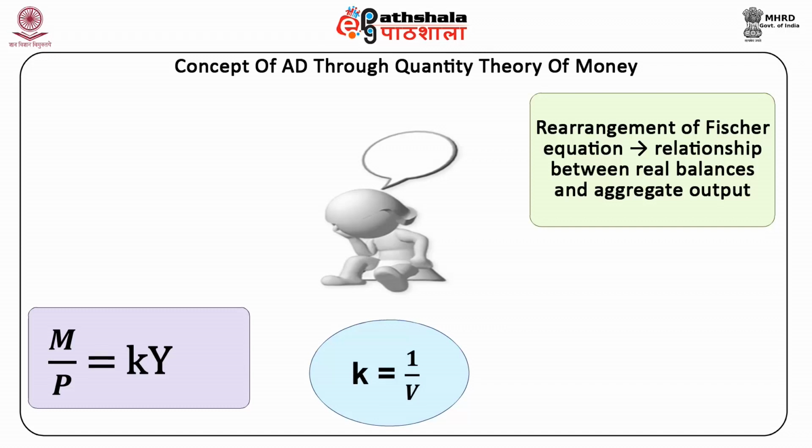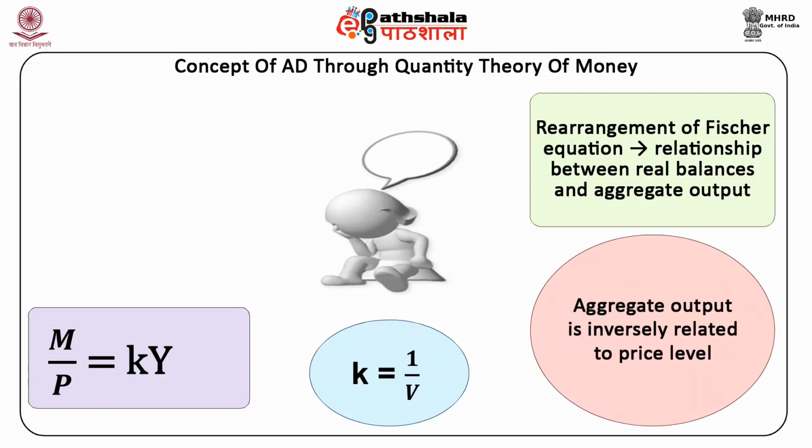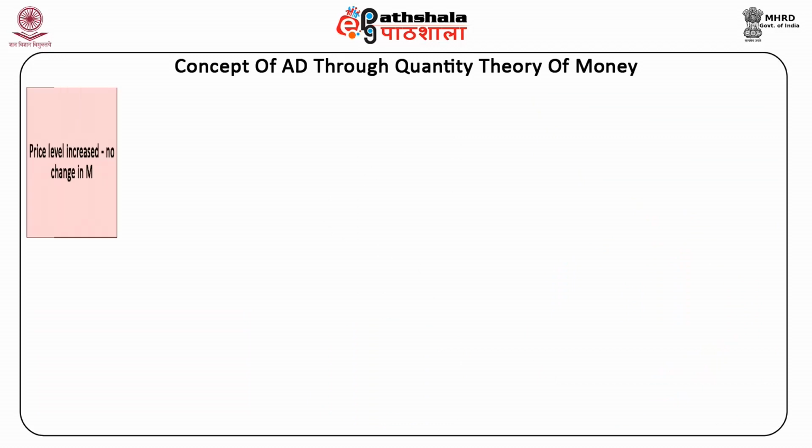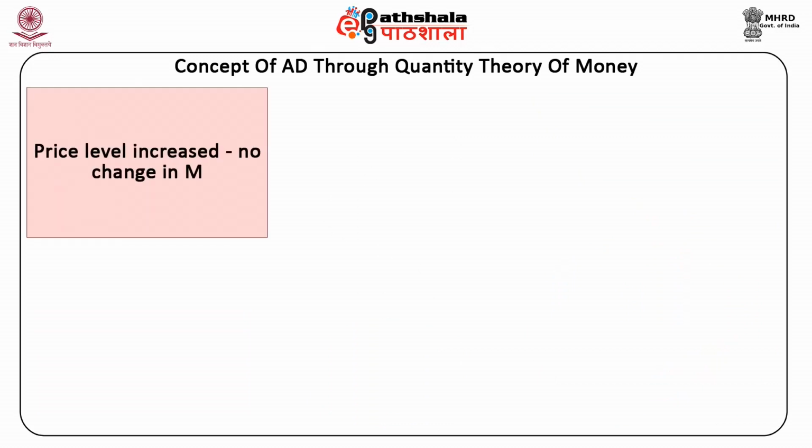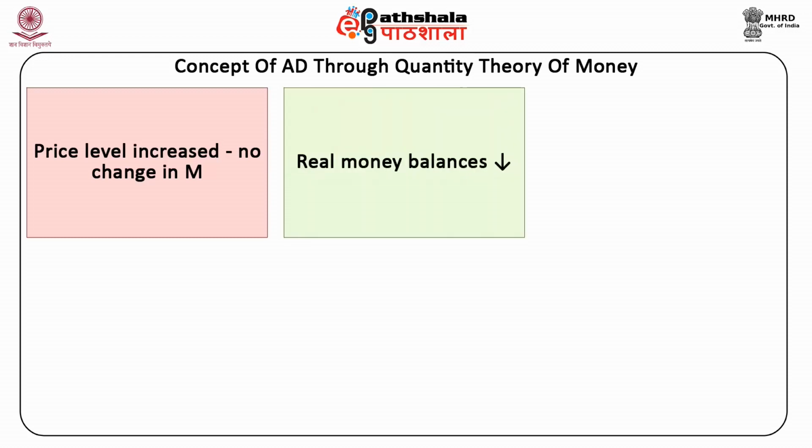Thus, aggregate output is shown to be inversely related to the price level for a given level of money stock. When price level is increased with no change in M, real money balances, that is M/P, falls.